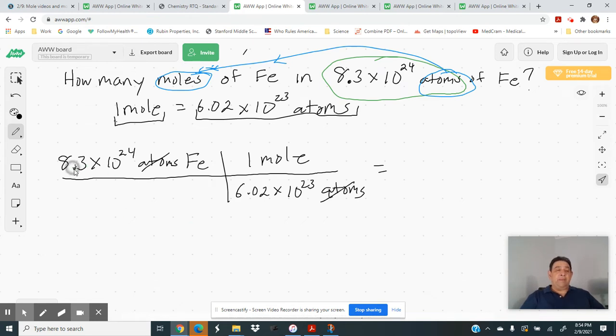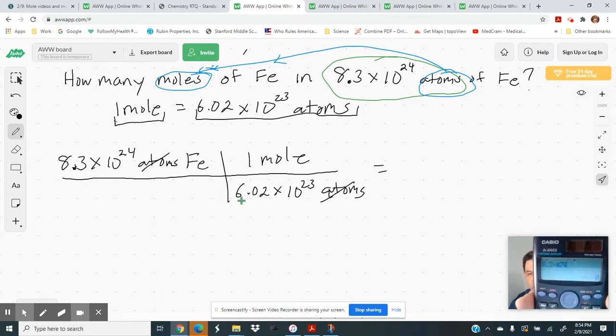So to calculate how many moles I've got, I'm going to take 8.3 times 10 to the 24th times 1 divided by 6.02 times 10 to the 23rd. Let me do that in my calculator. 8.3 times 10 to the 24th divided by 6.02 times 10 to the 23rd.